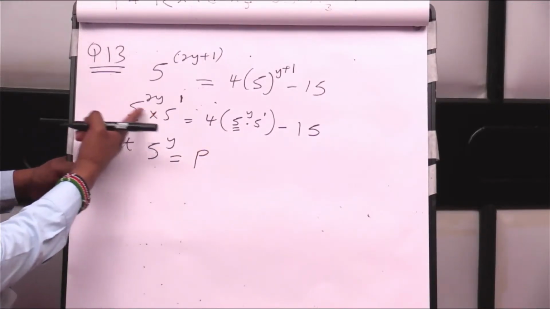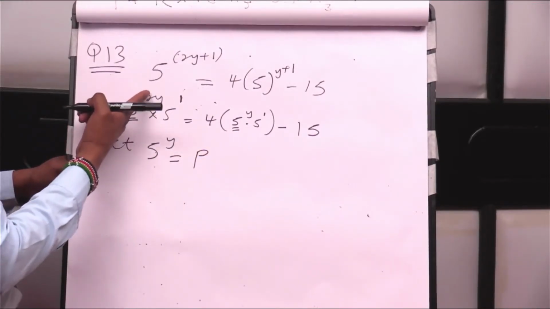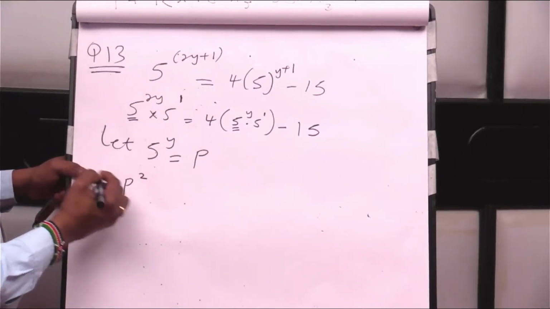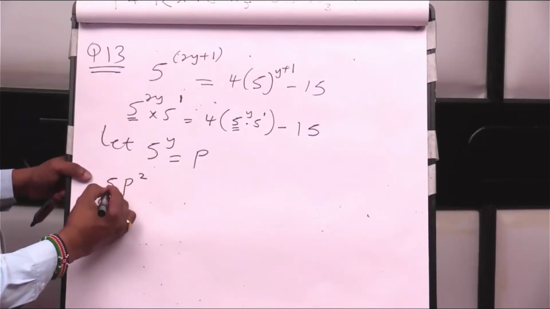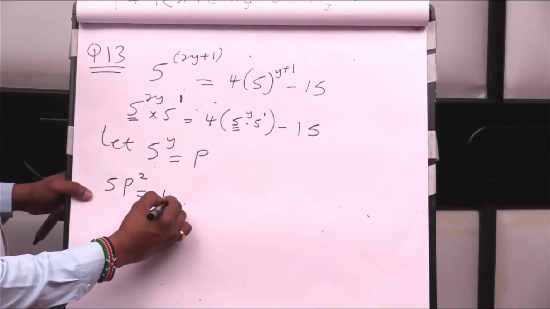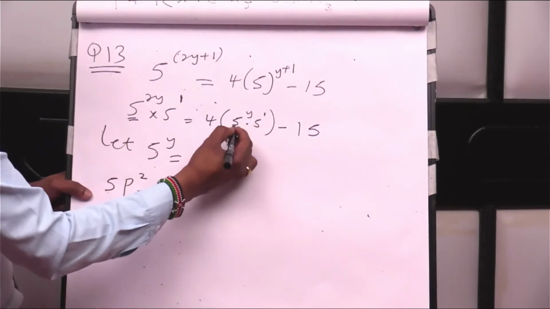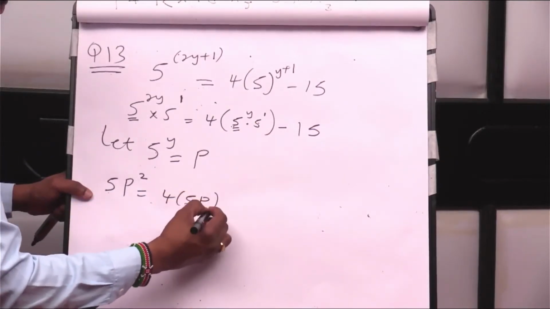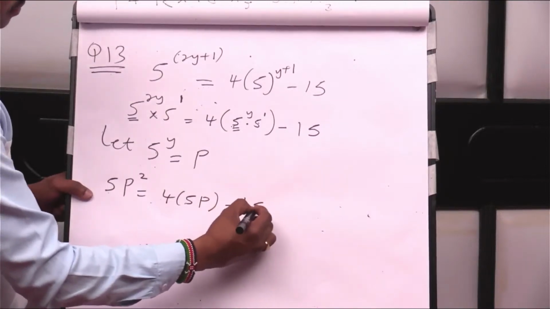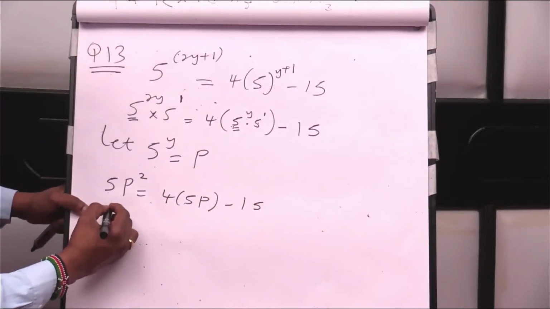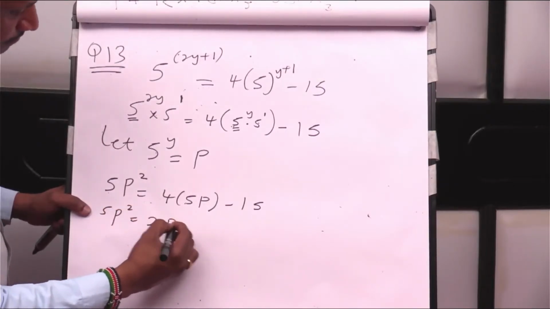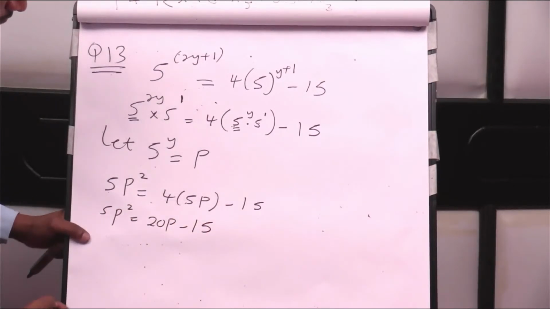Therefore here becomes p squared, since 5 raised to power y, then 2, becomes p squared times this 5, equals 4 times 5p minus 15. So 5p squared equals 20p minus 15.